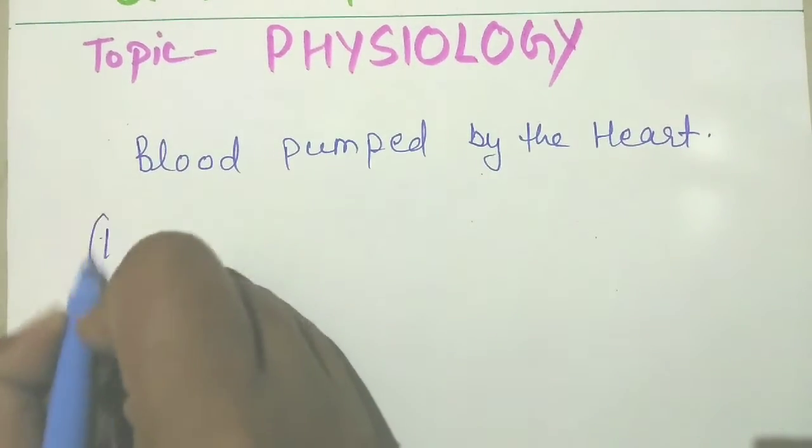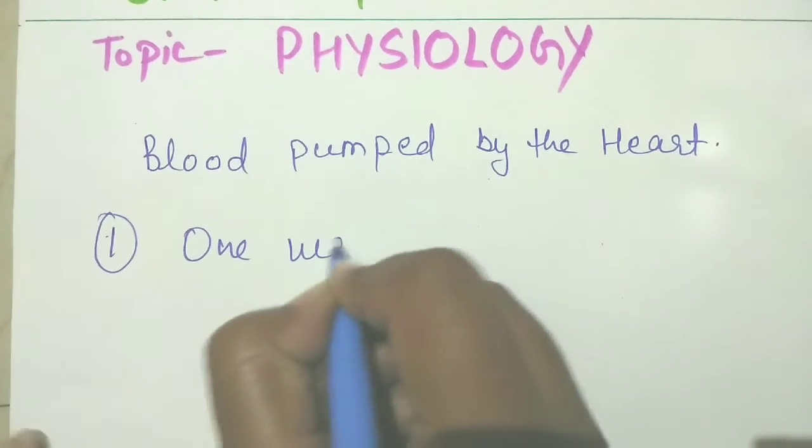First point is the one-way path of the blood circulation.